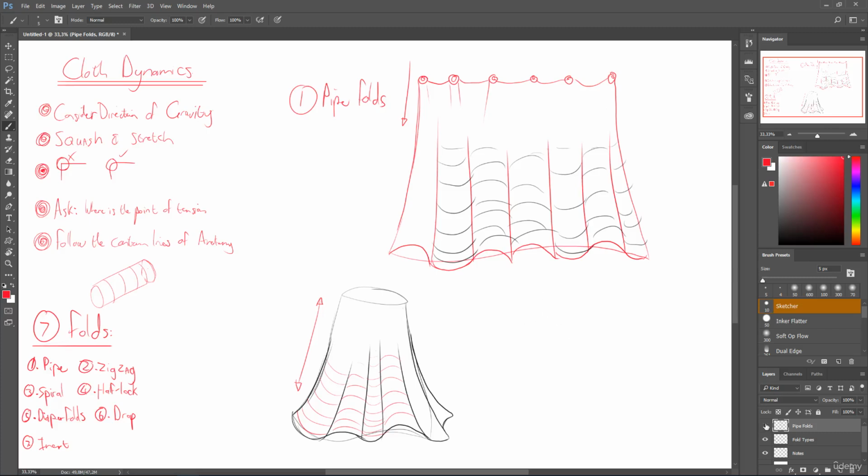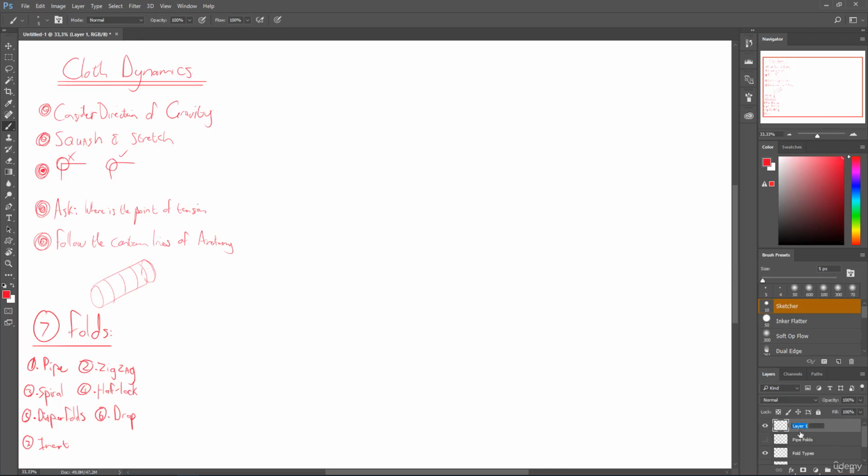Let's move on to zigzag folds. Zigzag folds are named the way they are because the fold works in a zigzag pattern, very much like this.